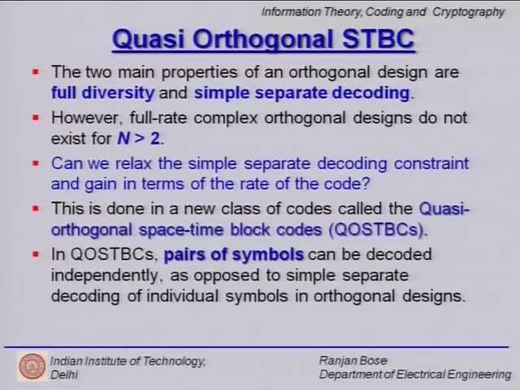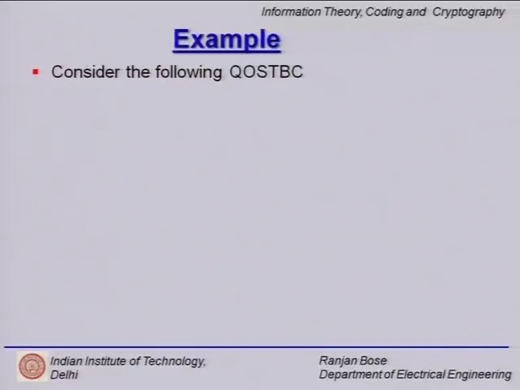In quasi-orthogonal space-time block codes, pairs of symbols can be decoded independently. So, we have compromised in terms of single symbol. We have now gone back to pairs. It is not too bad if the number of symbols is not too large, right. So, we are now going to look at pairs of symbols as opposed to single symbol decoding.